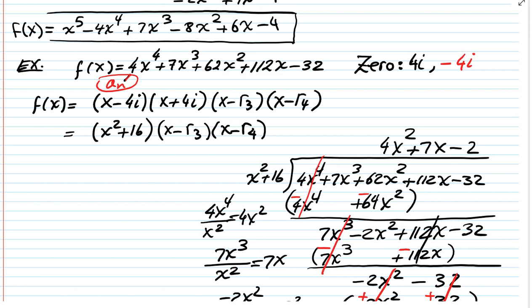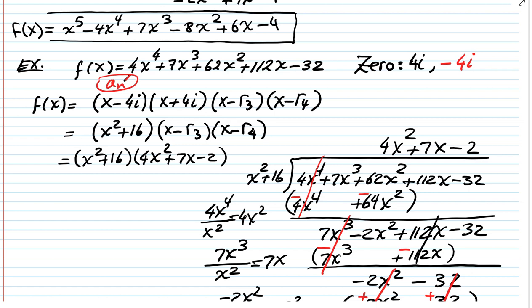Outside of the whole action, outside the parentheses and in front, okay? We will have that 4 in front in just a moment. So at this point, I have x squared plus 16, and then times the quotient 4x squared plus 7x minus 2. You see that? That's the polynomial.